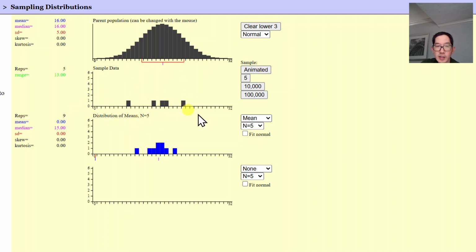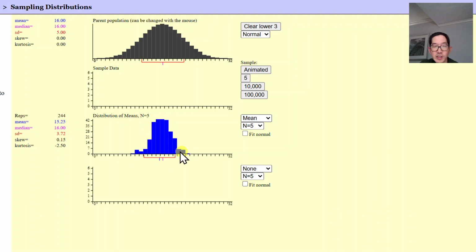Okay, and I can do this again and again, but I can speed things up by doing like 5 at a time. And so we're doing a few at a time. And so after doing, say, 244 of these, this is the spread of the different samples that we're getting.